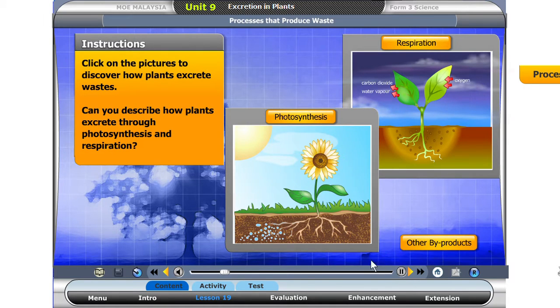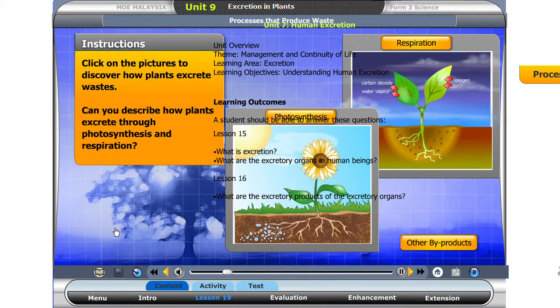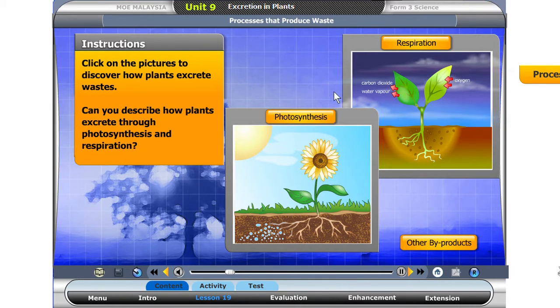Can you describe how plants excrete through photosynthesis? Can you describe how plants excrete through respiration? Click on the buttons to find out.